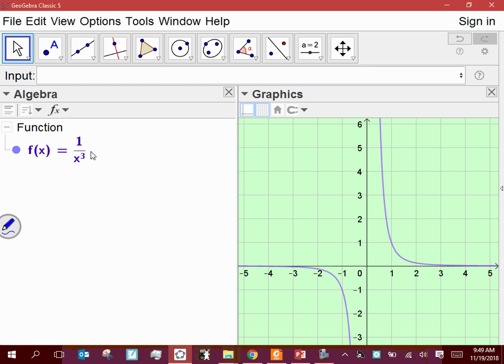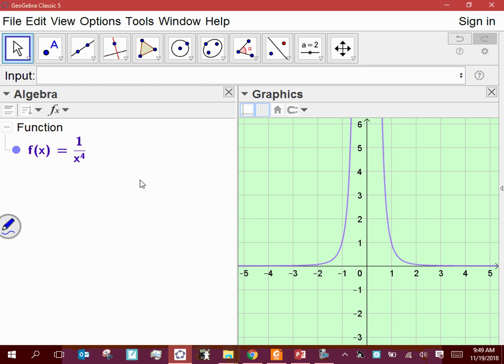Kind of like 1 over x, right? But you see how it gets kind of taller and faster, and it gets sucked down to that asymptote quicker? It's because of that power of 3, making those denominators so much bigger, so much faster. Okay? But what's x to the fourth going to look like? Yeah, it's going to look like 1 over x squared, right?